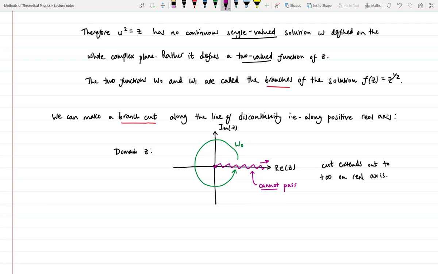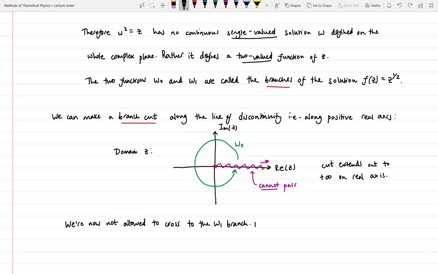So we can never cross over from the n equals 0 to the n equals 1 branch, because we can't go beyond one full circuit in the complex plane. I'll write that down here. We're now not allowed to cross to the W1 branch.